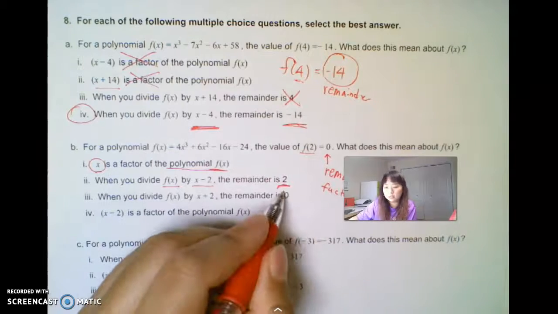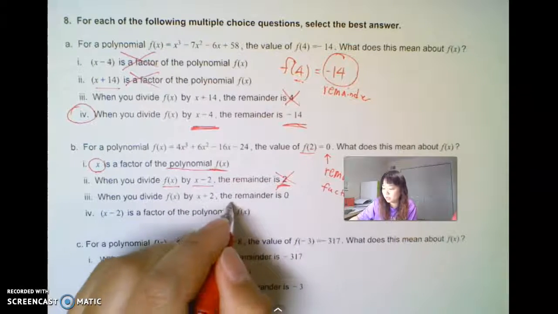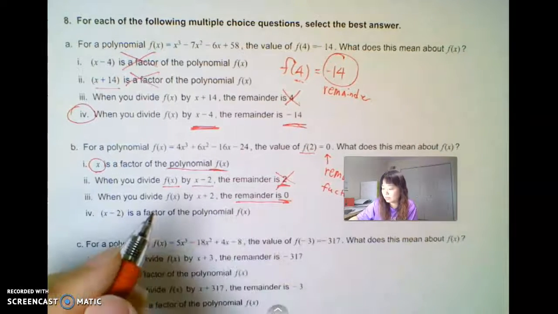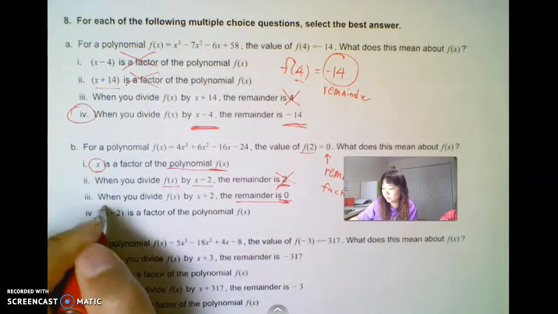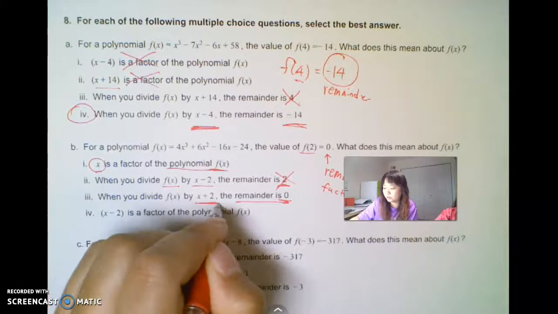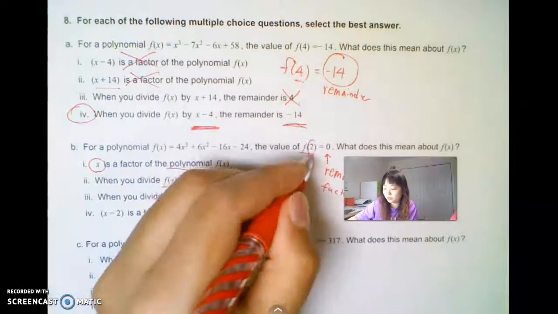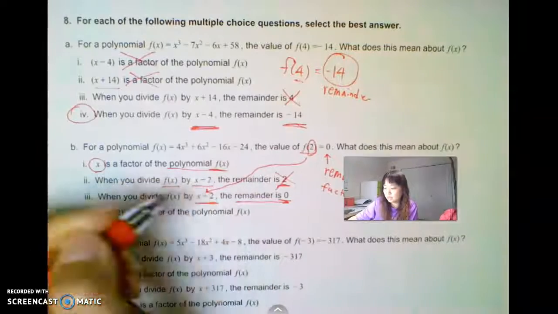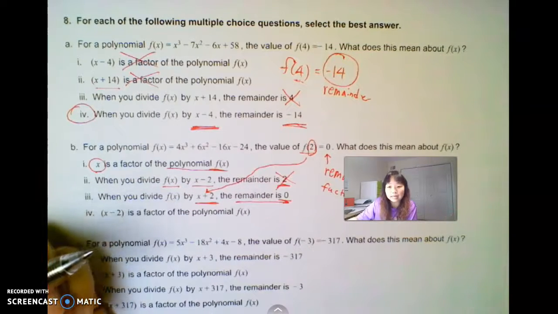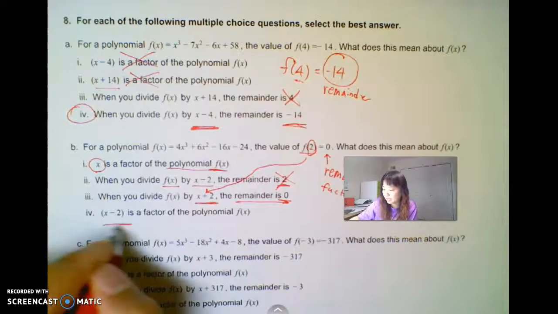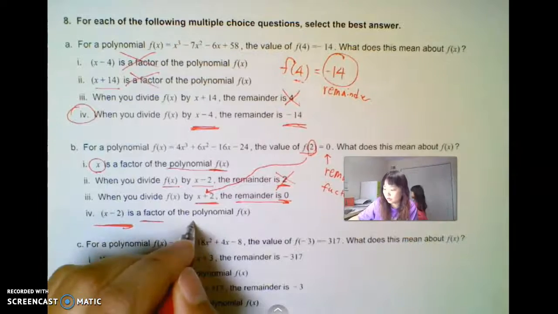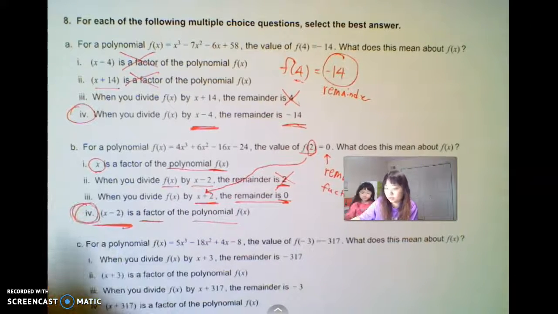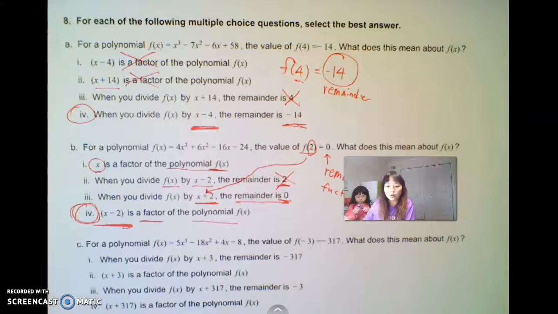Well, the remainder is 0, so not 2. The remainder is 0. I like this. But take a look at this. When you divide it by x plus 2, well, this is plus 2, so if you do the opposite sign, it should be x minus 2. So that's not it. Let's look at this. x minus 2 is a factor of the polynomial. That is true. So 8B was number 4.